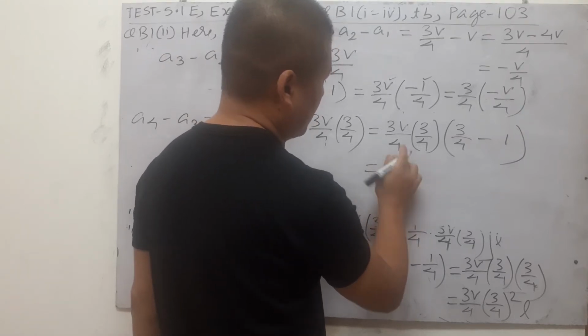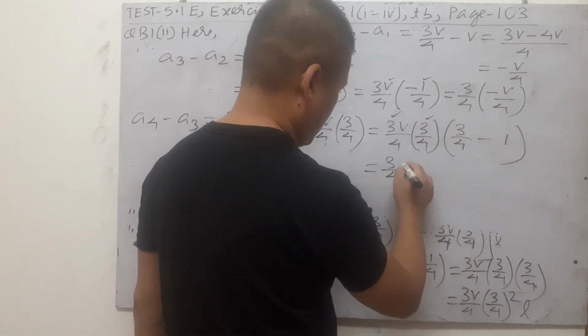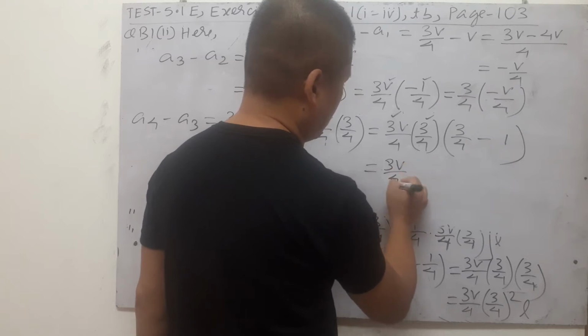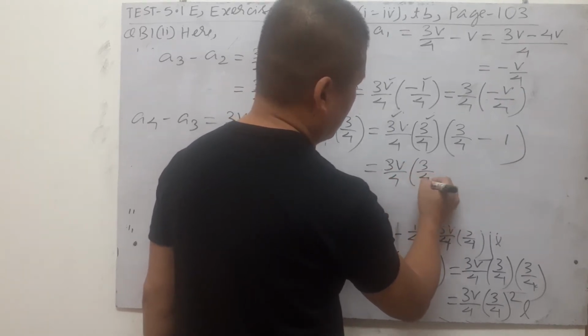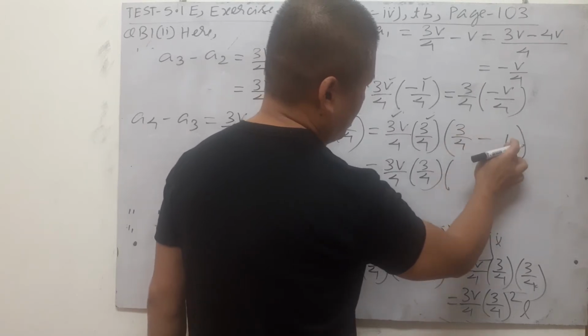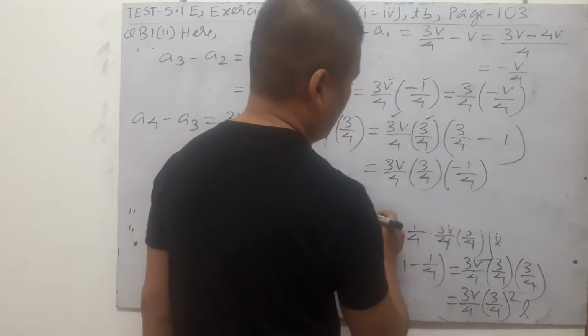Just wait a minute, we'll solve this part also. (3V/4)(3/4), the same thing, and here 3, then 4 ones are 4, so minus 4 plus 3 is minus 1, again by 4.